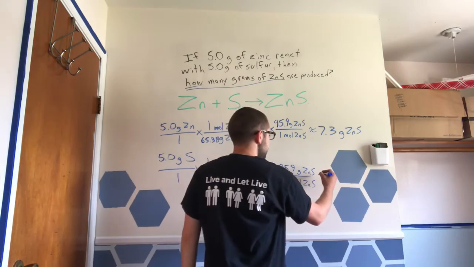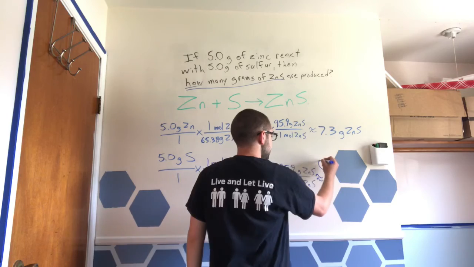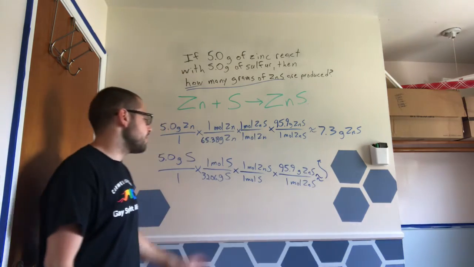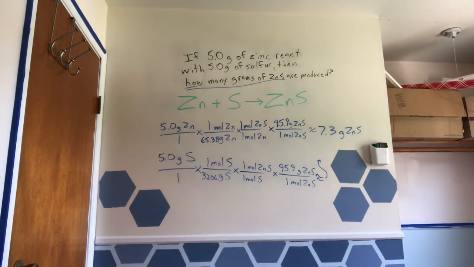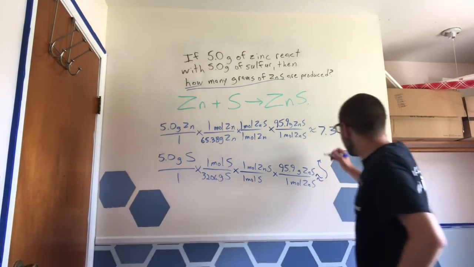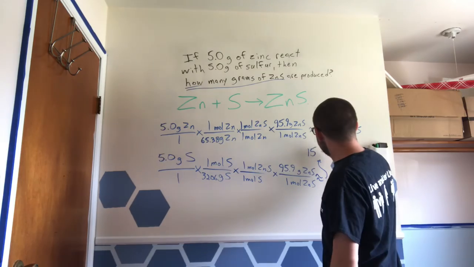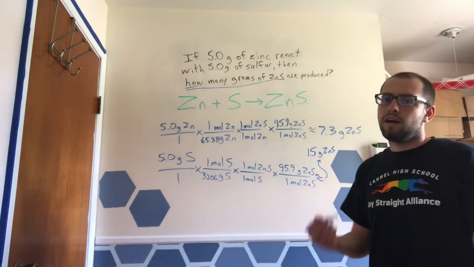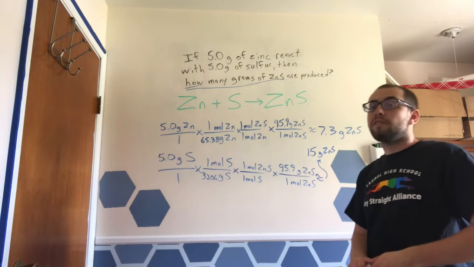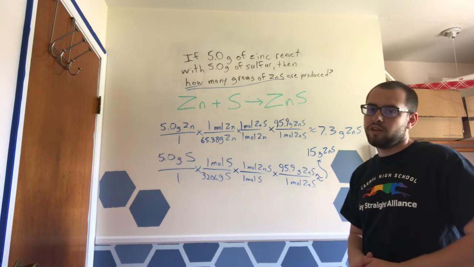Let's go ahead and solve here, see what we get for the sulfur perspective. If I multiplied and divided there, using my significant figures, I would get about 15 grams of zinc sulfide. So I've got 2 conflicting answers here.